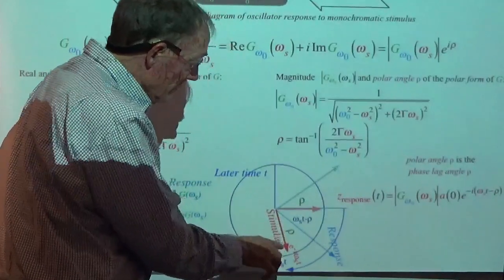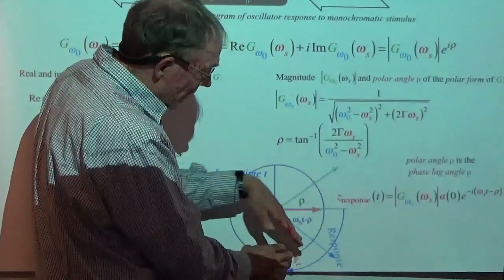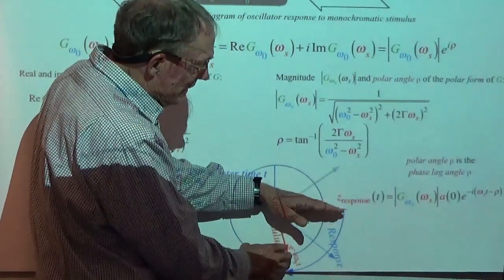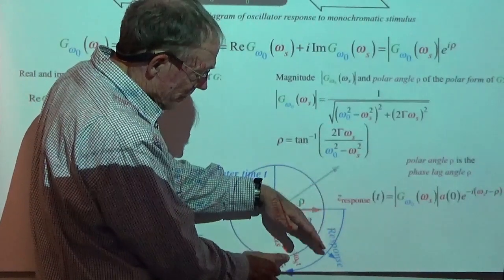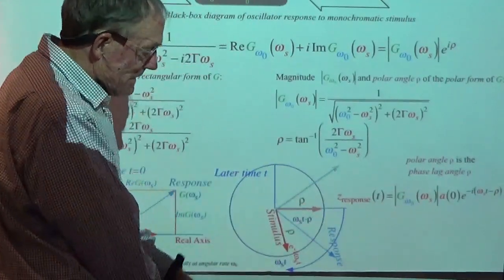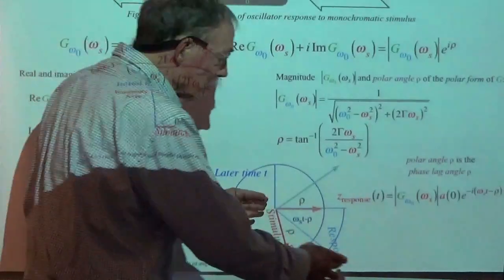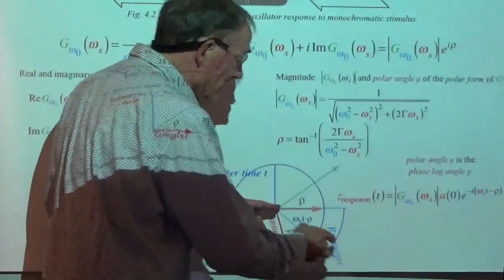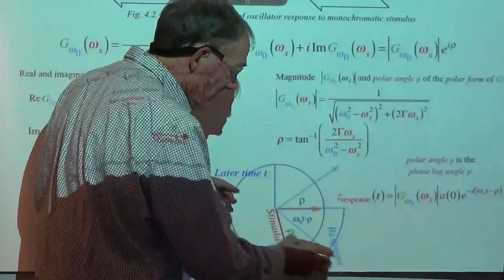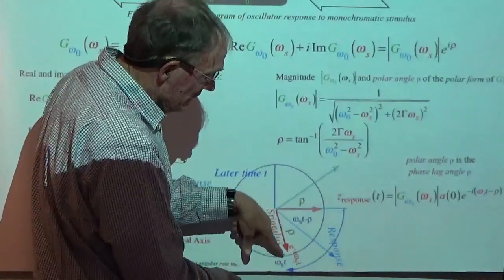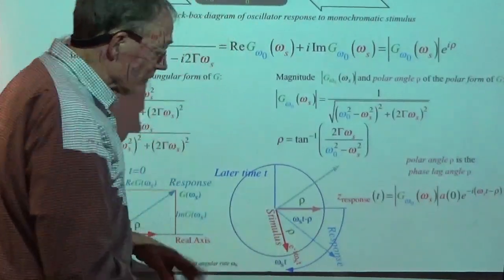But in any case, there's going to be a response that usually lags behind the stimulus. Okay? It's going to look like that. Now, it may get real big if you're on resonance, but it may also oscillate, do all kinds of crazy things, but it will be behind the stimulus most of the time.